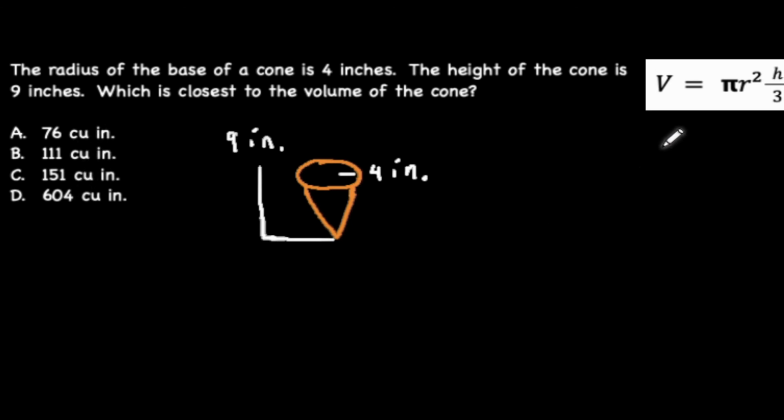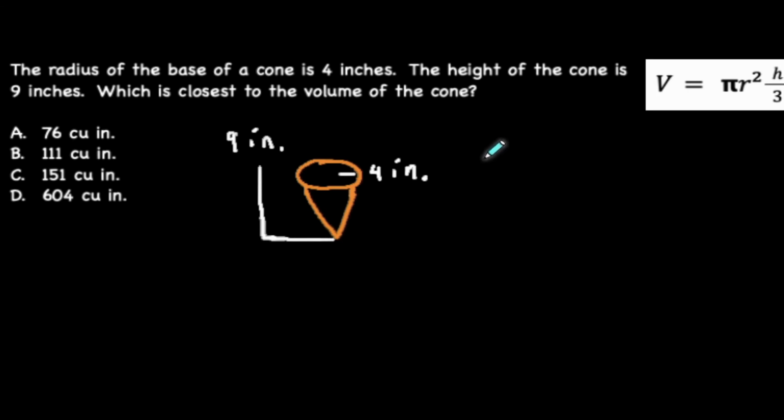Okay, so I have this formula here: V, which stands for volume, equals pi r squared times the height divided by 3. We're going to utilize this formula by plugging in our known values, and then we'll solve from there.